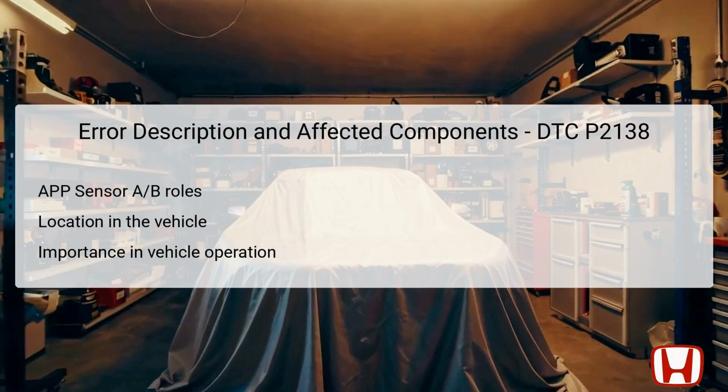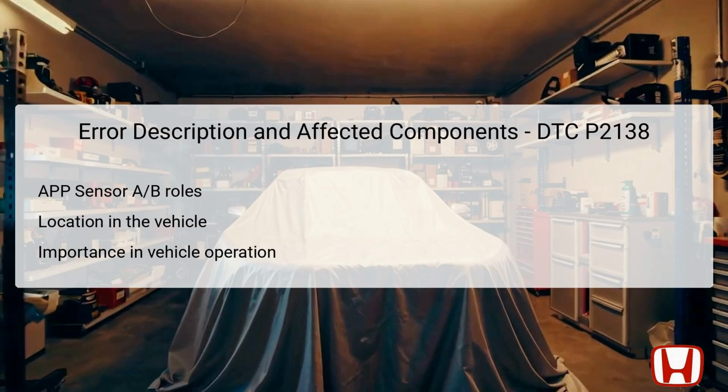The APP sensors A and B are critical components responsible for measuring the position of the accelerator pedal and conveying this data to the PCM. These sensors help optimize throttle response and engine performance by providing real-time feedback regarding how much the driver has pressed the accelerator.